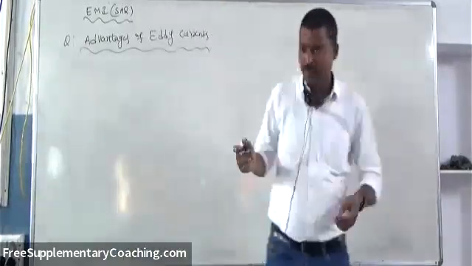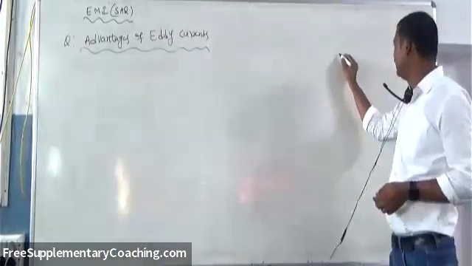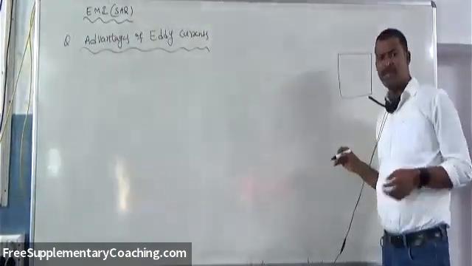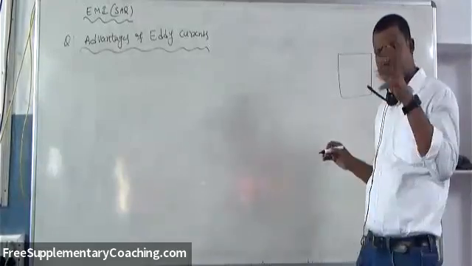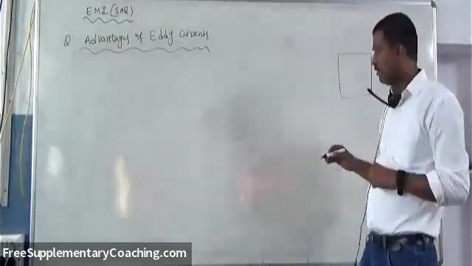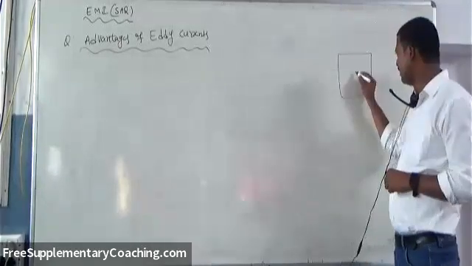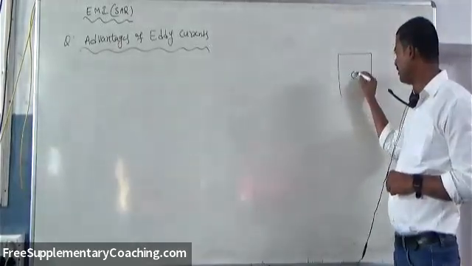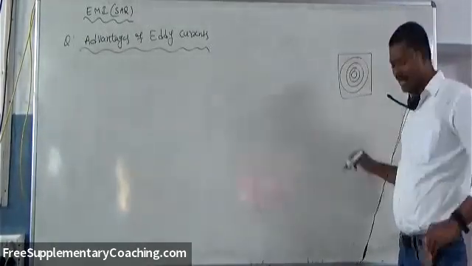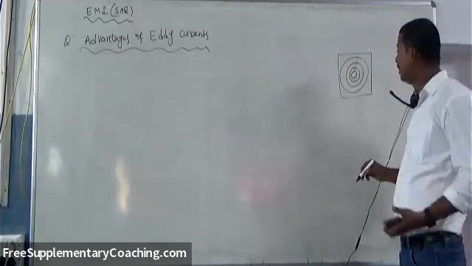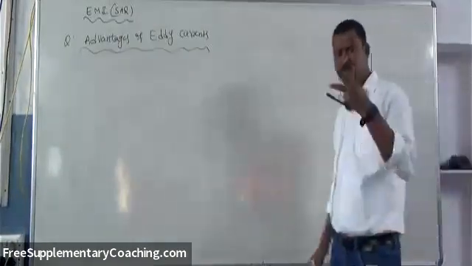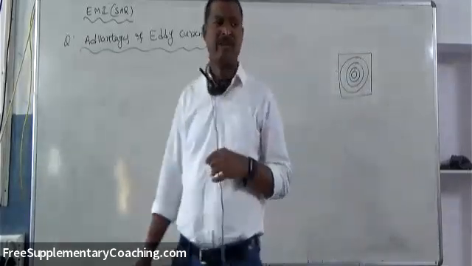Basically, if you see, there is a plate kept in a magnetic field, and this magnetic field is changing. Whenever this magnetic field changes, a circular current like this will be developed in the plane of the plate.